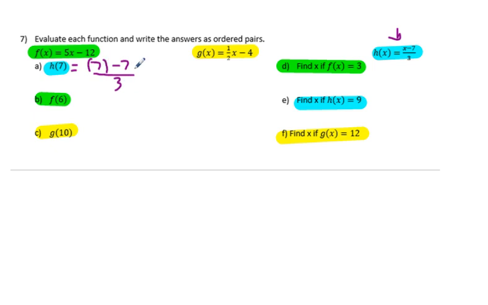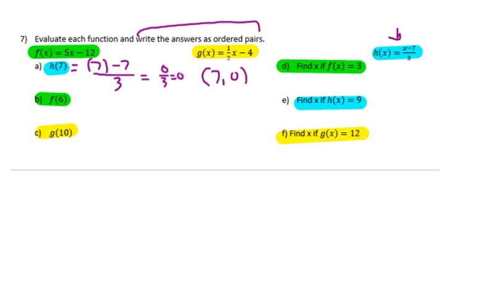You have to use the order of operations here, and the numerator is an implied grouping symbol, so we're going to do that before we divide. 7 take away 7 is 0, divided by 3, so that's equal to 0. It says to write the answer as an ordered pair. It's going to be the ordered pair 7, 0. When x is 7, h of x is equal to 0.